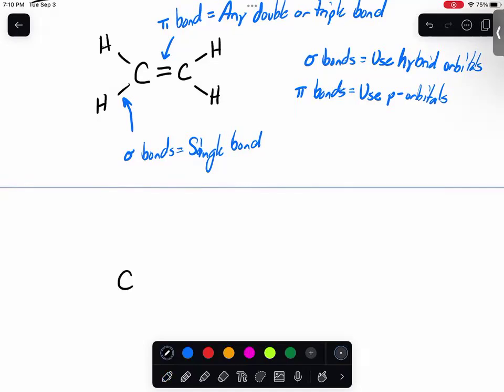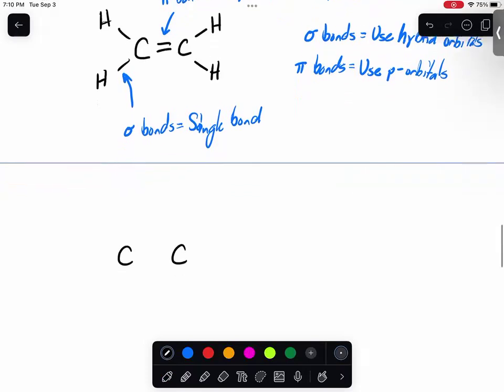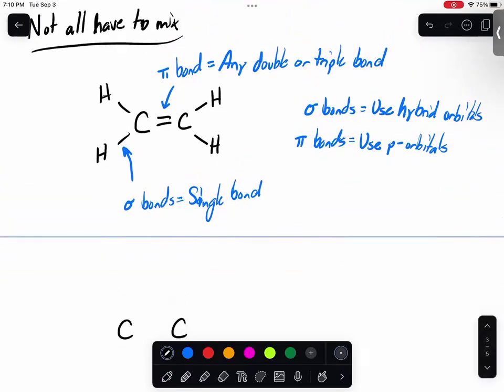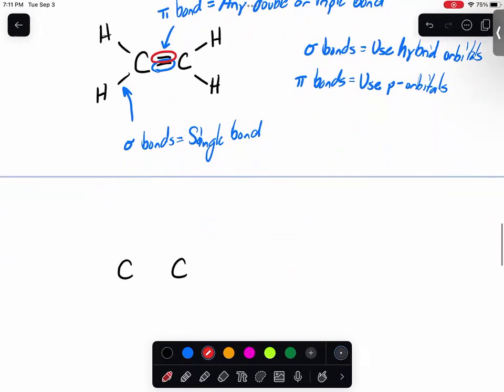Both of the carbons are bonded together by a sigma bond, because this is still technically a single bond. And then the second bond that comes into play is going to be our pi bond. And the reason for this is because if we're drawing out these orbitals, we can see that the carbons have to overlap with these sp3 hybrid orbitals.